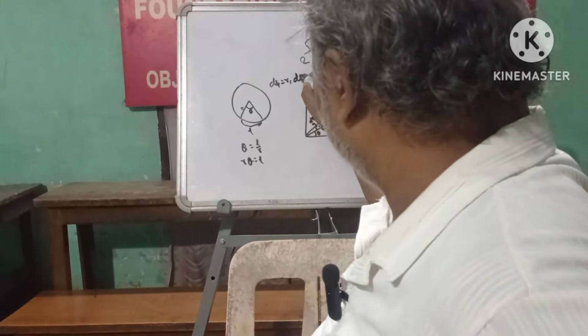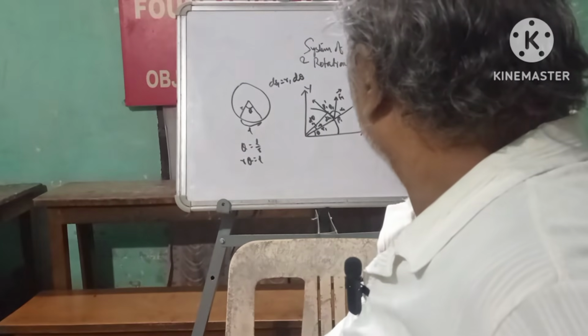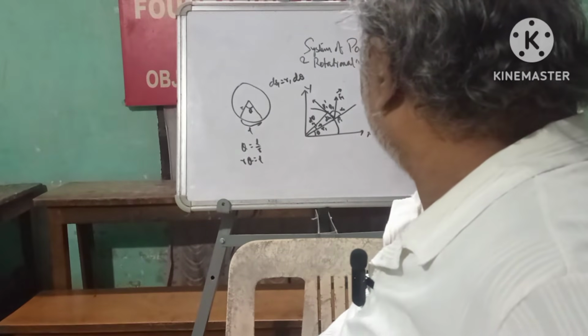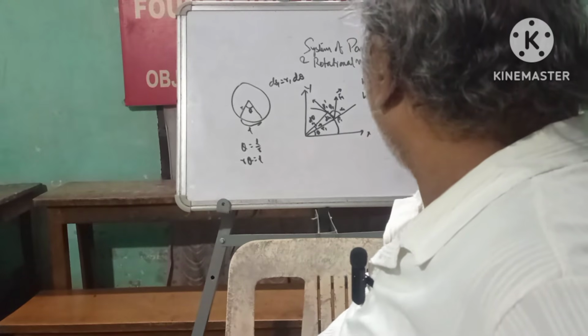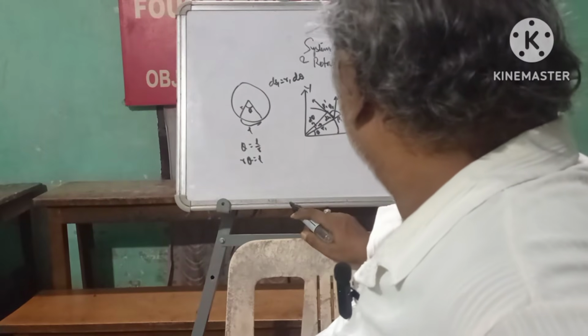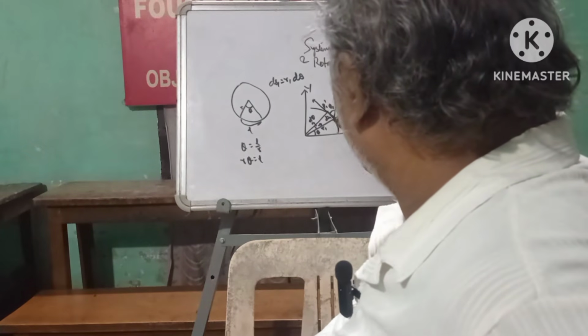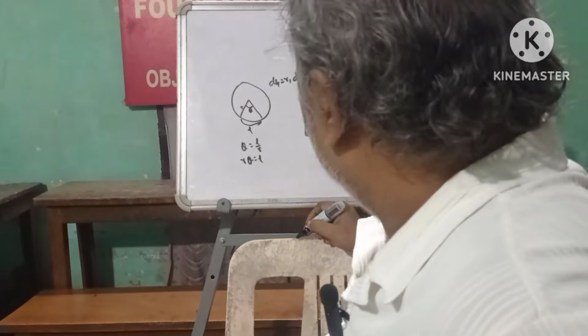Now work done is equal to F1 ds1 times the cosine of the angle between ds1 and F, which is phi 1.